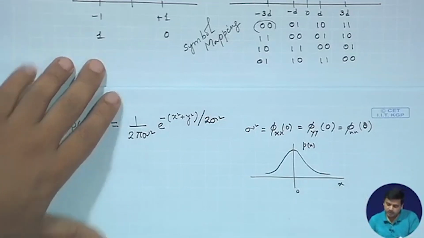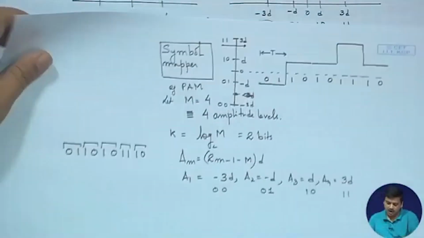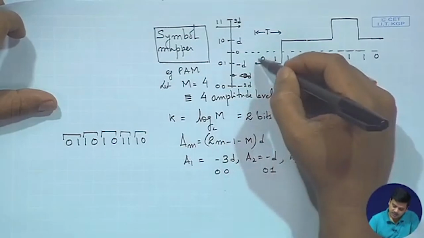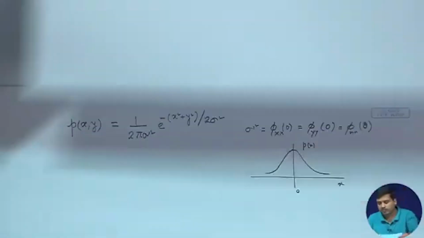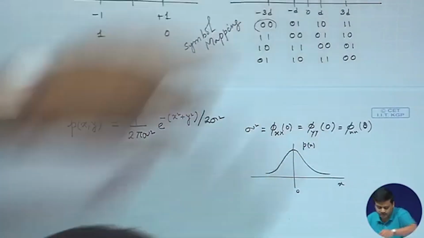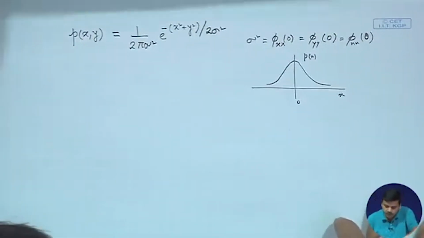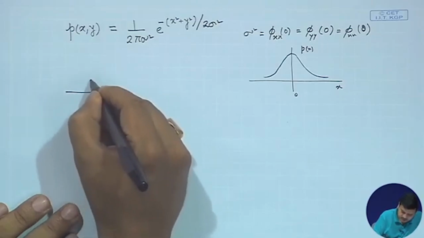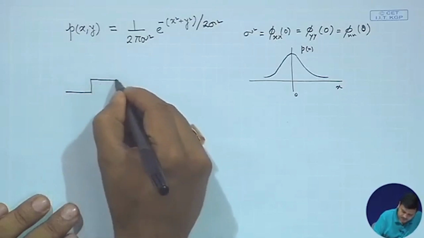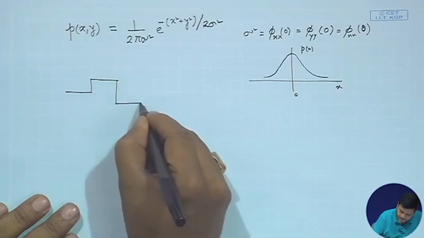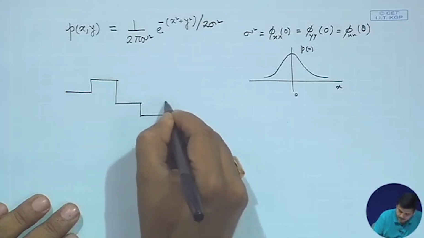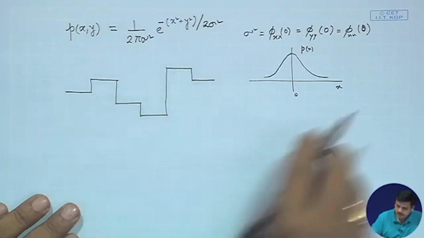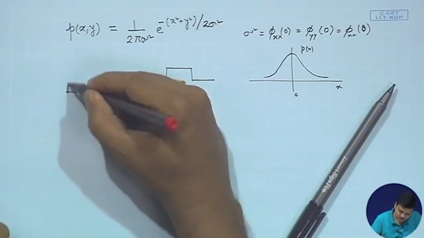Now, when we are sending these signals out into the channel, this gets affected by noise. We have already discussed that there is this additive noise. Let us see an example where we have these levels, and these get affected by noise.